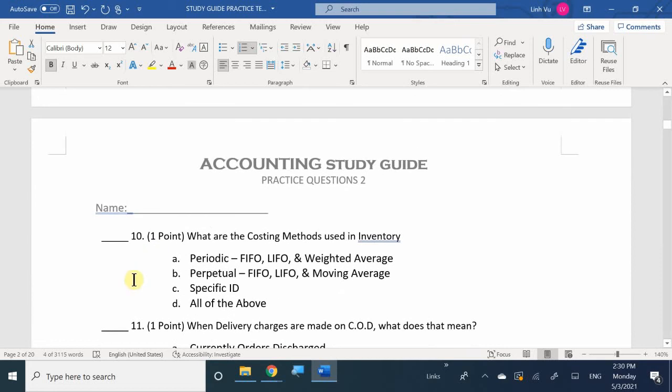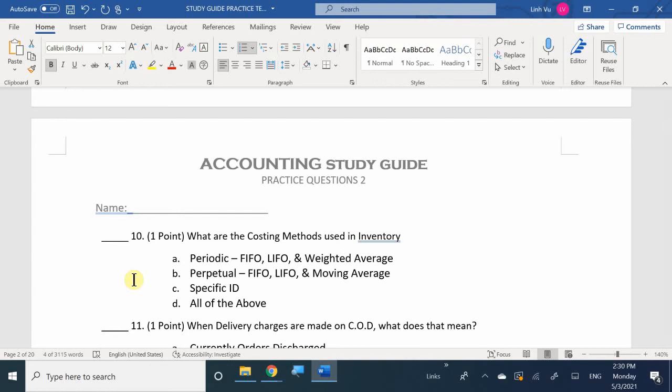Question 10. What are the costing methods used in inventory? D, all of the above. Remember, when you're using periodic, you have FIFO, LIFO, and weighted average. When you're using perpetual, you have LIFO, FIFO, and moving average.